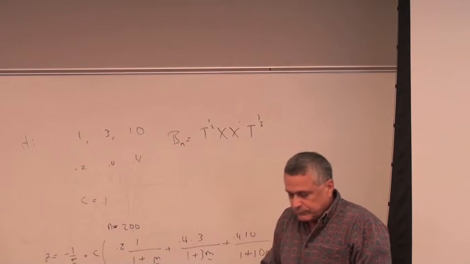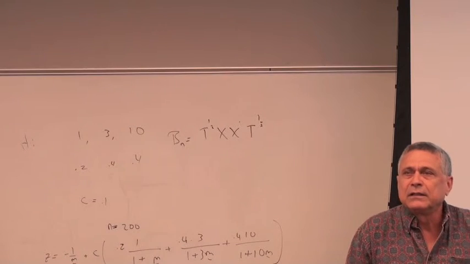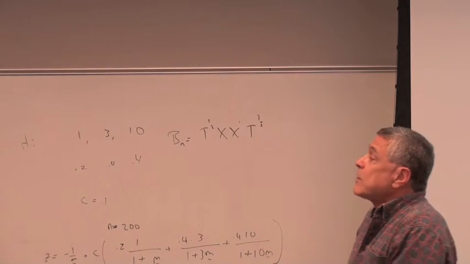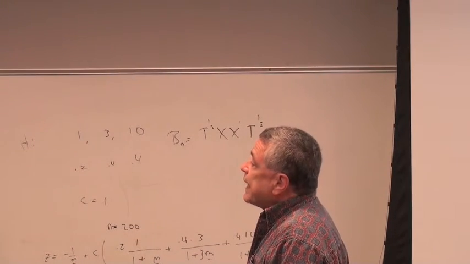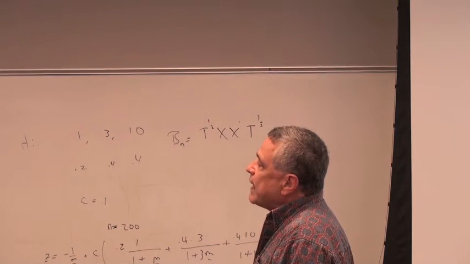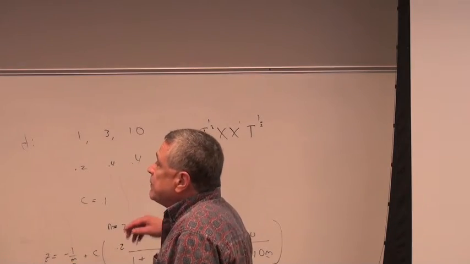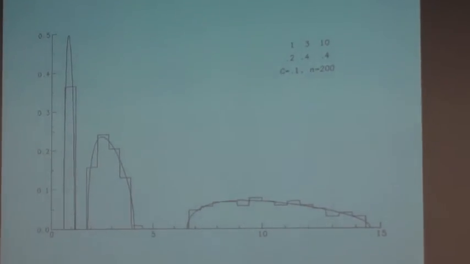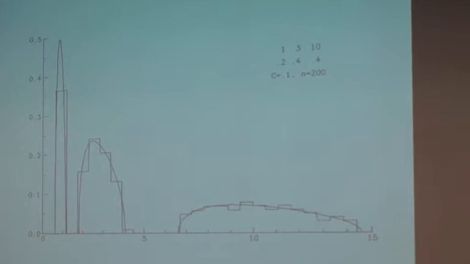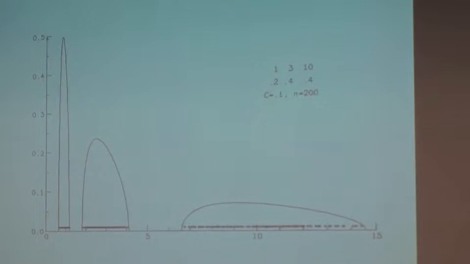I did one simulation, I have 200 eigenvalues, and I plotted them. Here, from the 200 eigenvalues, this is a histogram of them, and I overlay what the limiting density should look like.